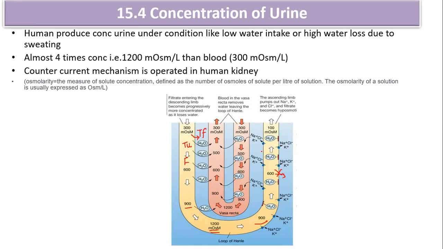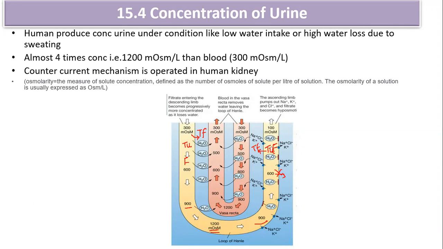Yes or no? So this is called the tubular fluid. These cells are going to absorb sodium and chlorine from the tubular fluid, and then it is transported to the tissue fluid. This is called the tissue fluid. Yes or no? So it is going to transport it to the tissue fluid.